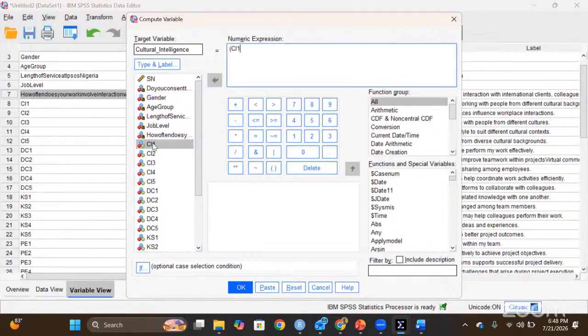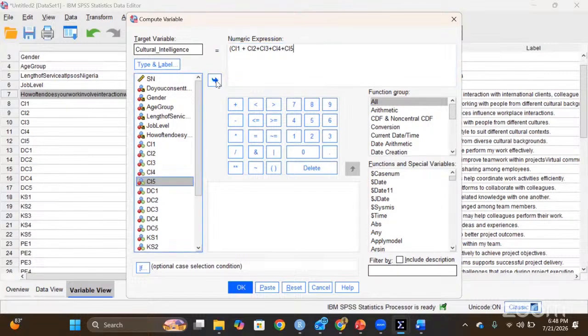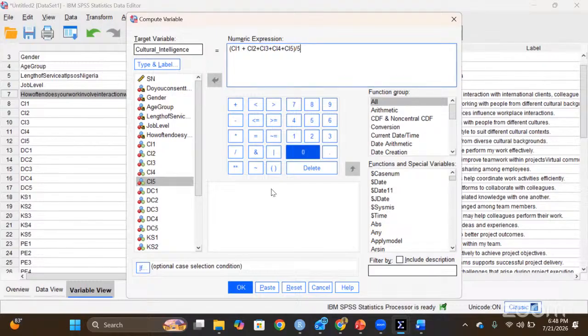I can do the normal mathematics: C1 plus C2, plus this, plus this. I'm just double clicking, or you click on this, just the way you do it. Then I say divide by 5. If I click on OK, it will compute my variable for me.